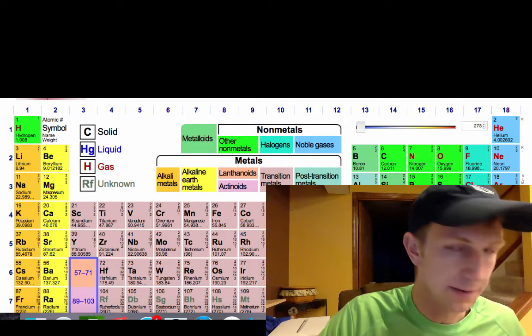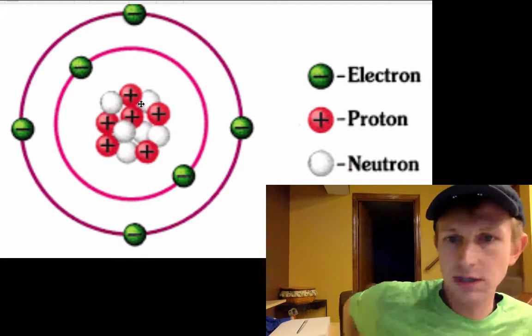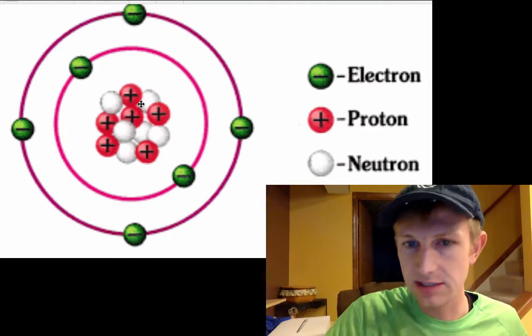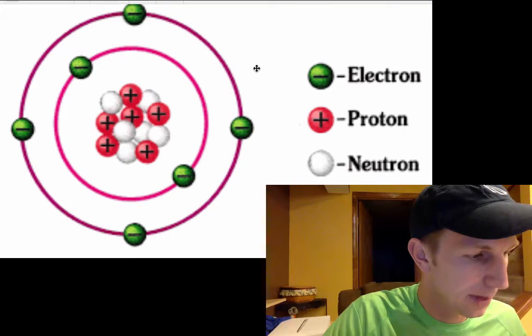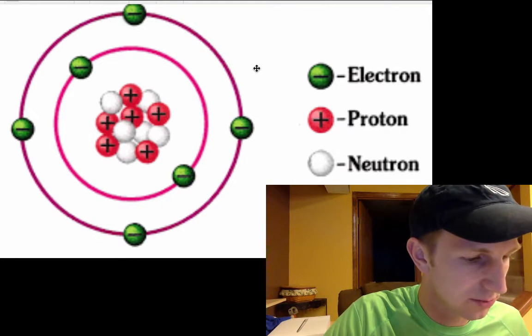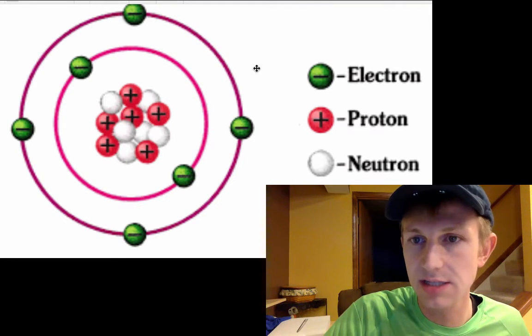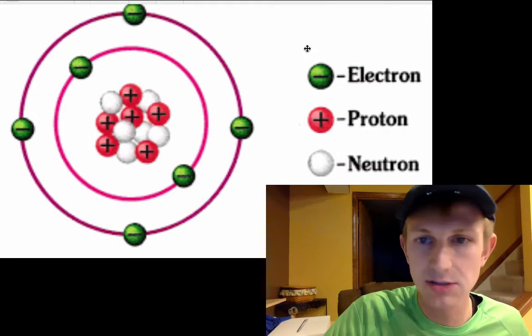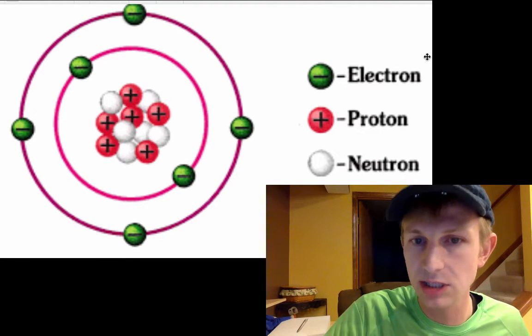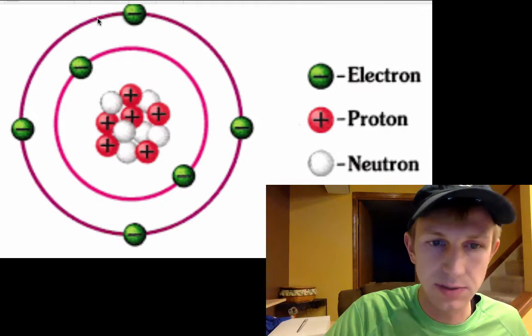So I want to make note real quick, this model of the atom is not the current best model that we have. It's just what we're learning now as you guys get your basics for chemistry. As you take higher levels in high school and college, you'll learn different models besides this planetary model.